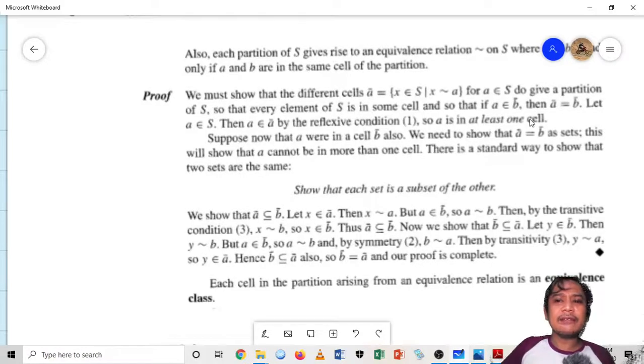Okay? So, let us verify that. Is it true that S can be divided into cells and each element of S belongs to exactly one cell? Okay.